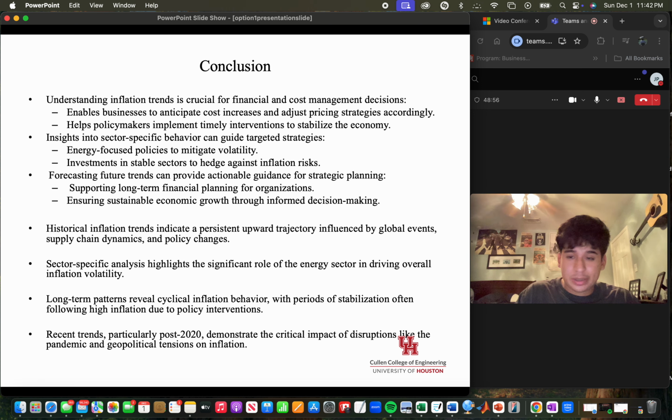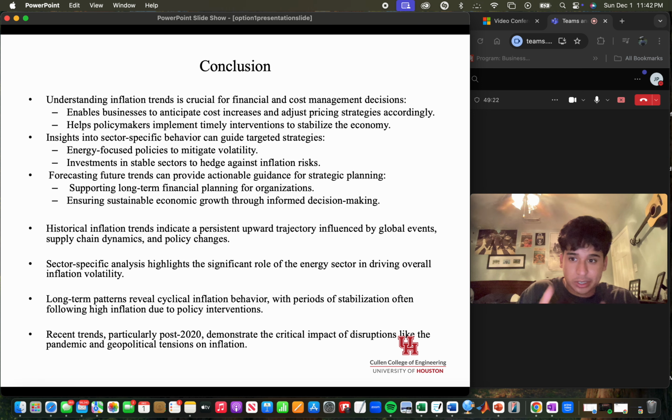And yeah, forecasting future trends can provide actionable guidance for strategic planning, supporting long-term financial planning for organizations, and ensuring sustainable economic growth through informed decision making. It's basically what I just said. Forecasting is your plan for the future: what to invest in, your budget, what it's going to look like, how much I have to save to be safe so that I can provide for my kids in the future.